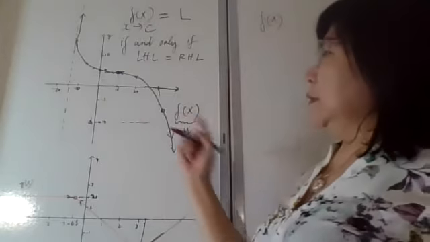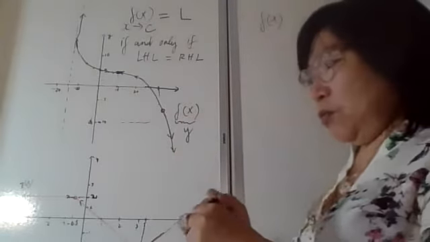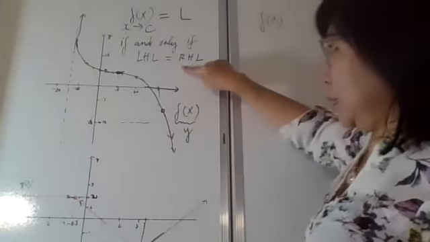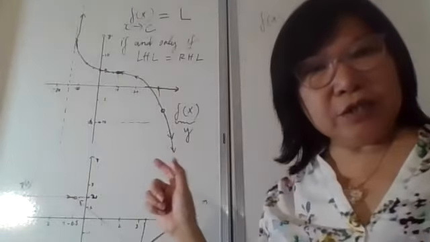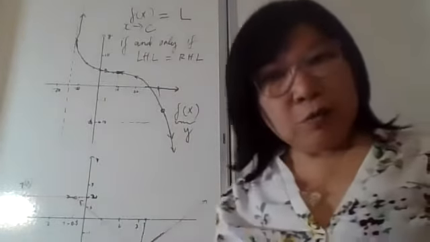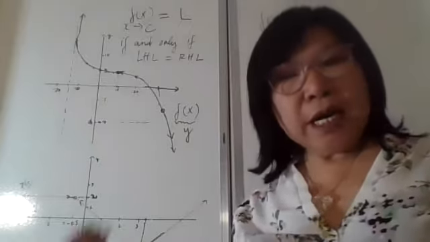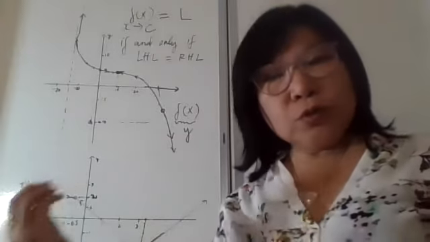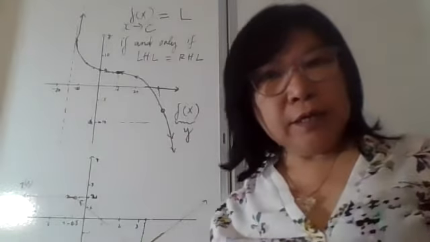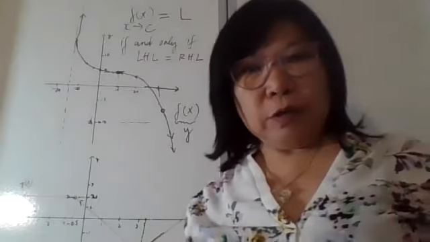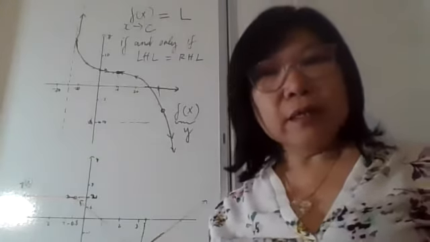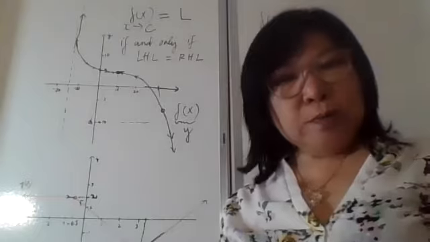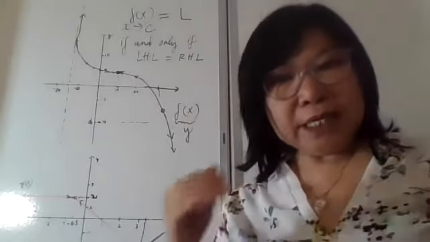Now, let's look at the limit here. When we're talking about the limit, basically, my definition of the limit is just what is the value of y when the x-coordinate approaches the value of 5 or approaches the value of -6 or -8, right? Now, the word approach means it's not exactly, but it's close.